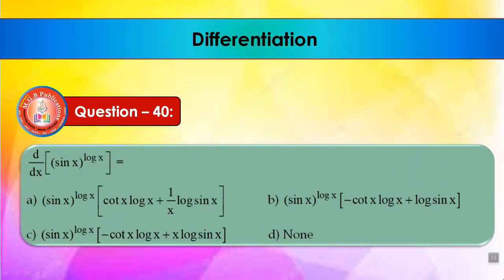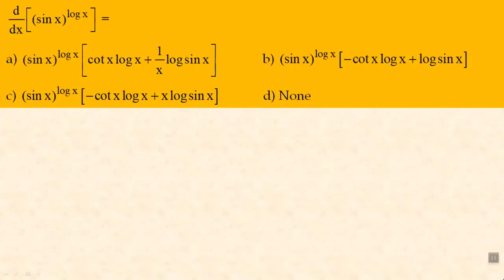Dear students, see the question number 40. Read the question and write it. The question is d by dx of sin x whole power log x is equals to, options are sin x whole power log x into cot x into log x plus 1 by x into log of sin x; sin x whole power log x into minus cot x into log x plus log of sin x; sin x whole power log x into minus cot x into log x plus x into log of sin x; none.